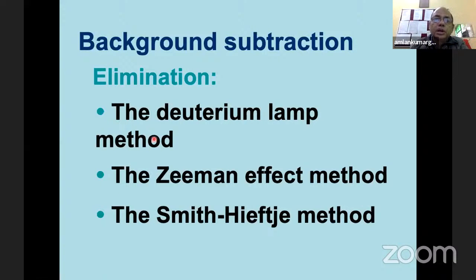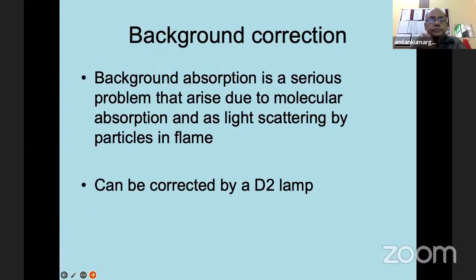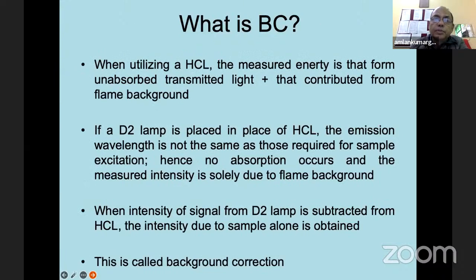Background correction has to be done to get good readings, and elimination of the background is done by either using a deuterium lamp, the Zeeman effect, or the Smith-Hieftje method. So there are three methods of removing background, but the most commonly used is the deuterium lamp and sometimes the Zeeman effect. It is a serious problem, and it can be corrected using a deuterium lamp.